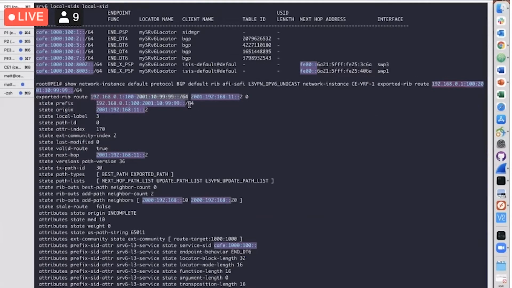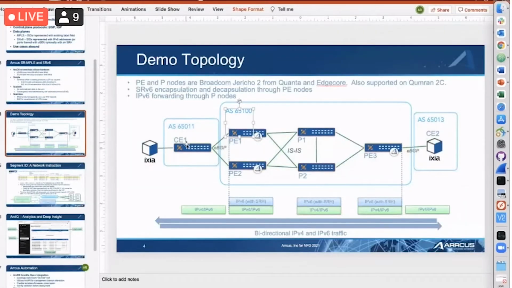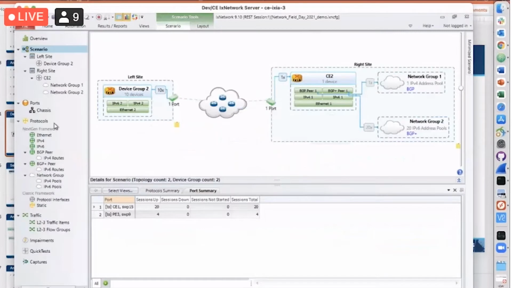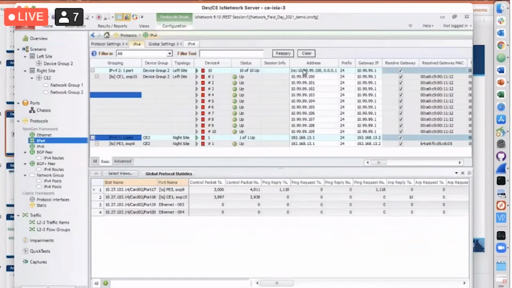This is a route that's coming in from CE1 on the left. So CE1 has a subnet on the Ixia. If we look at it here, there's a subnet 10.99.99, actually the v6 side.